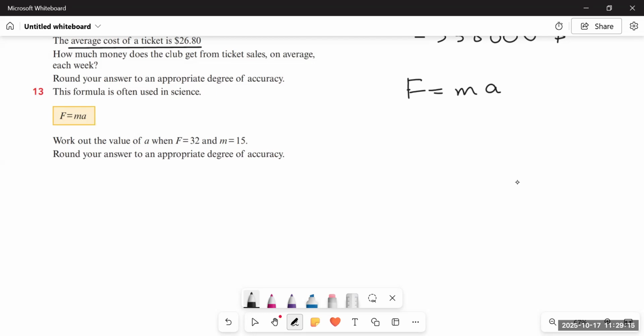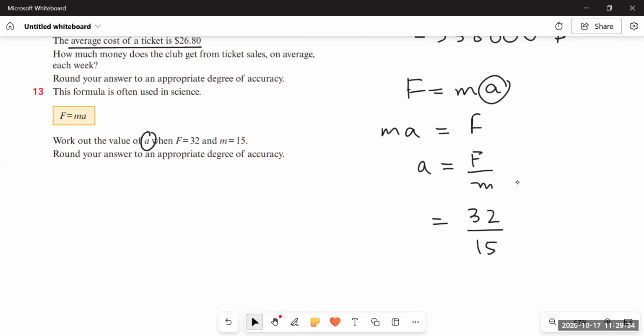We are simply given this formula, but we have to calculate the value of A. So we'll make A the subject. We will write MA is equal to F, and then A is equal to F upon M. Then we will simply substitute the values of F, that is 32, and for M it's 15. Then we will divide it.